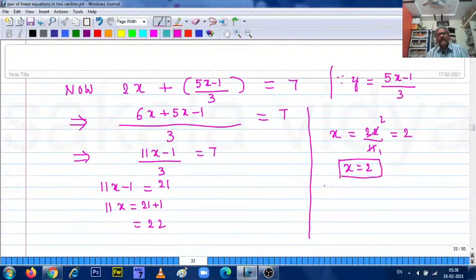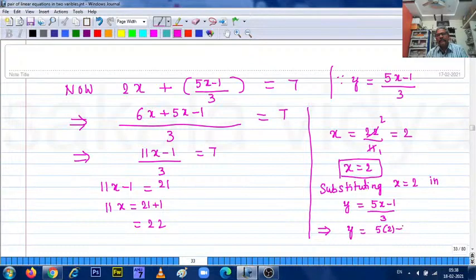Now substituting x equal to 2 in y equals 5x minus 1 by 3. So in the place of x, write down 2: y equals 5 into 2 minus 1 by 3. 10 minus 1 by 3, that is 9 by 3, equal to 3.